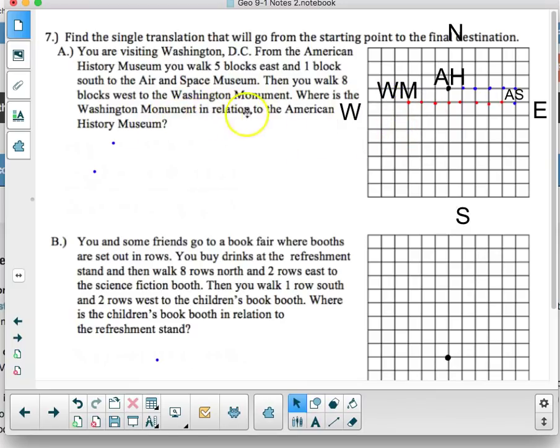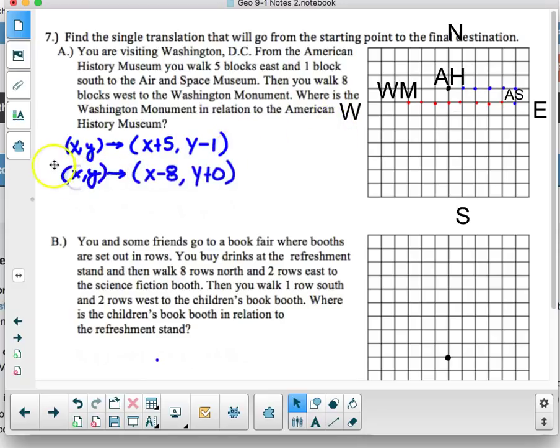Where is the Washington Monument in relation to the American History Museum? So first of all, we did 5 blocks, 1 minus 1, and we went 1, 2, 3, 4, 5, down 1. And that's my first one. And the second one was 8 blocks west and nothing else.